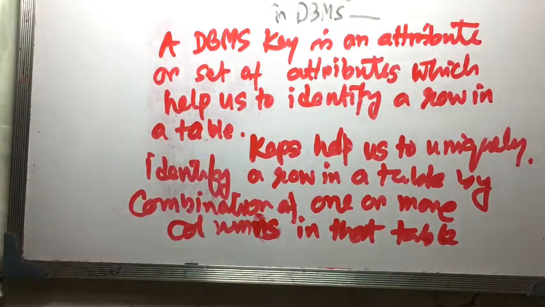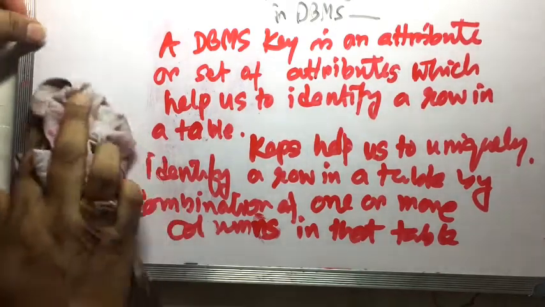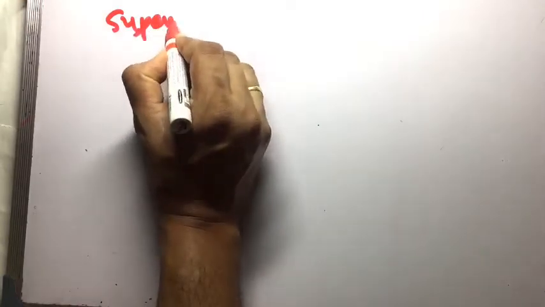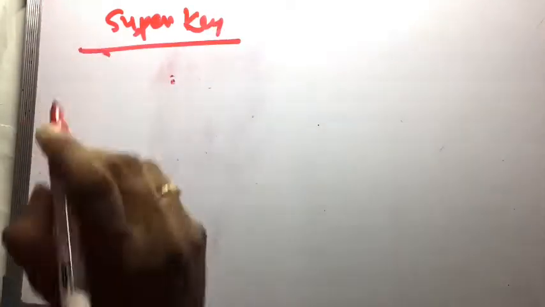So this is the main property of uniqueness. DBMS key is very useful to uniquely identify the row of the table. So there are different keys in DBMS. Number one is super key.